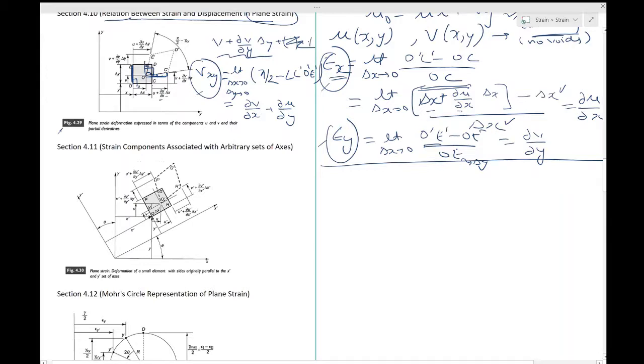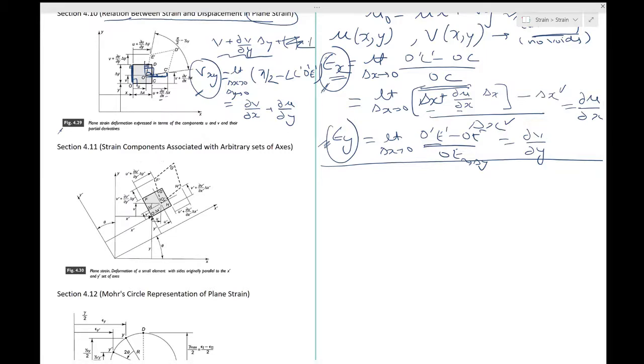Some of it arises from rigid body rotation. As you see, all the points around here are displacing, but that does not mean every displacement will actually contribute to deformation, meaning it may not necessarily contribute to these strain terms which we have calculated. There is a possibility that the strains are all zero.